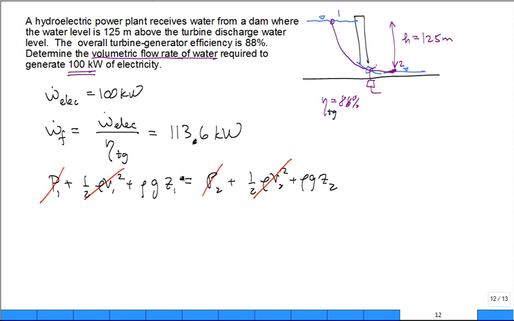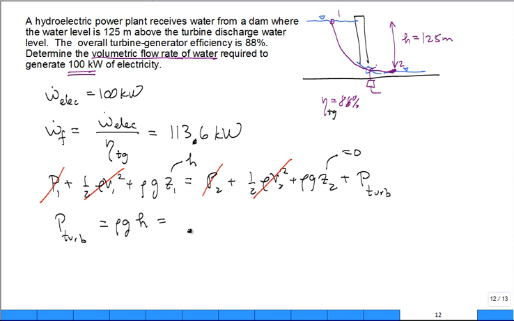You can put a negative pressure gain here, or a pressure, energy per unit volume, extracted by the turbine. We can now calculate that pressure extracted by the turbine, which is going to be rho g h, because Z2 you can set to 0, and Z1 is h.